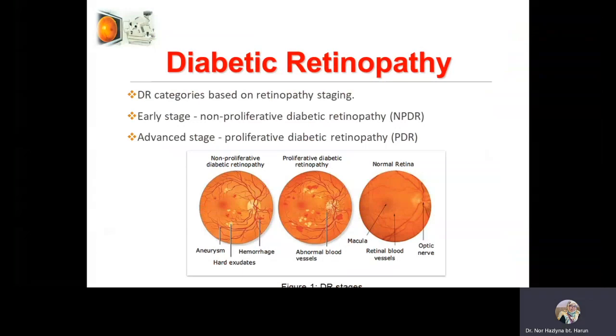The early stage is known as non-proliferative diabetic retinopathy or NPDR, and the advanced stage is known as proliferative diabetic retinopathy or PDR.